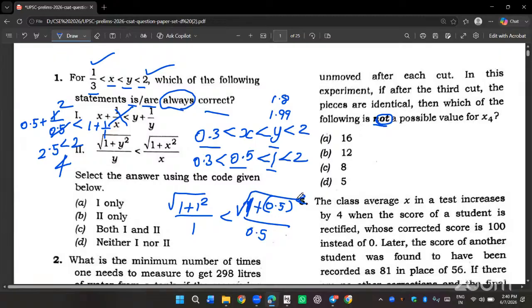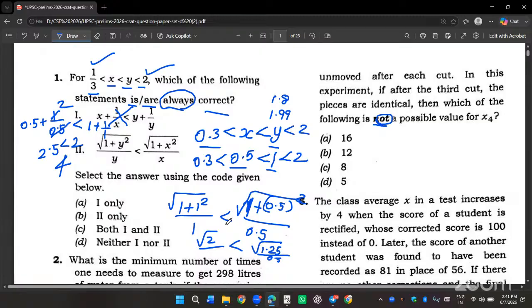Sir, it is very difficult to do it now. Yes, a square root of 2. You must know the value of the square root of 2. Then here, 0.5 squared is 0.25. Square root of 1.25 divided by 0.5. Then we can find the square root of 2 value, or even mug up the square root of 2 value.